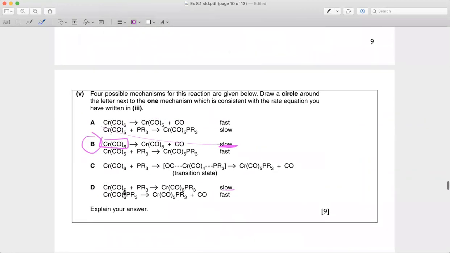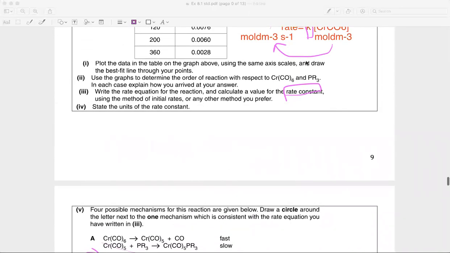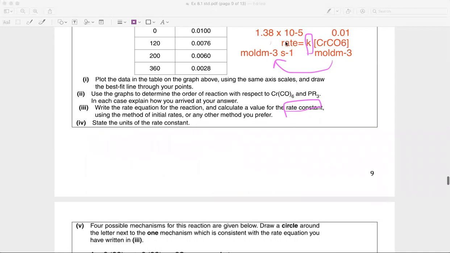So the answer is B, and to explain that, you will say that because only CrCO6 is involved in the slow step, which agrees with your rate equation.